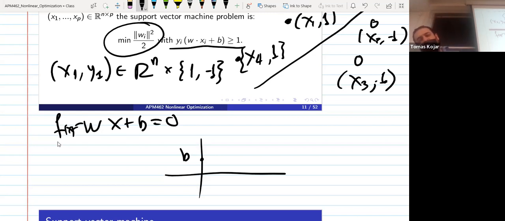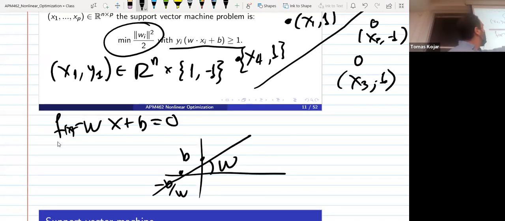At x equals 0, you get b, and this point is minus b over w. And the slope is w. So as w decays, it gets flattened, and as w grows, it goes up. So you're covering the entire domain. Your line goes up and down. That way you will eventually find some separation.